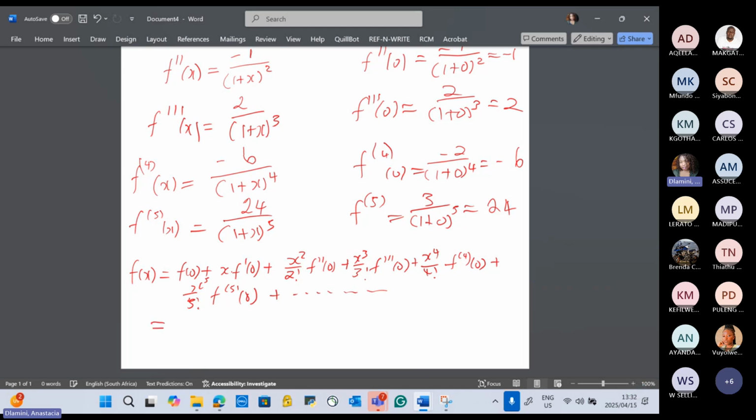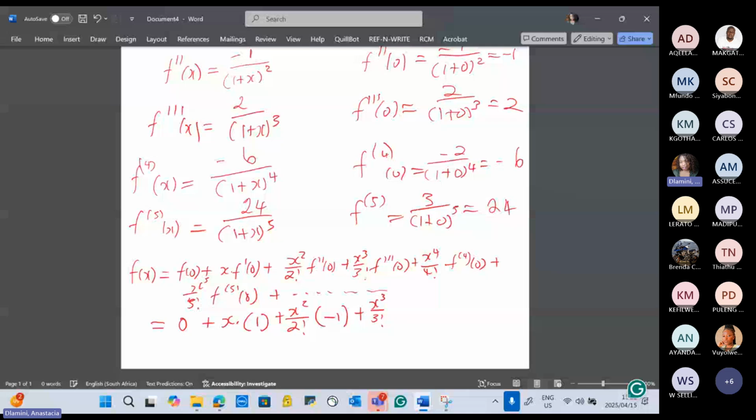Then we go and say f of 0. What did we get? F of 0 is 0. So this is 0 plus x times f of 1. F prime, we got 1 plus x squared over 2 factorial. F double prime, we got -1 plus x to the power of 3 over 3 factorial.